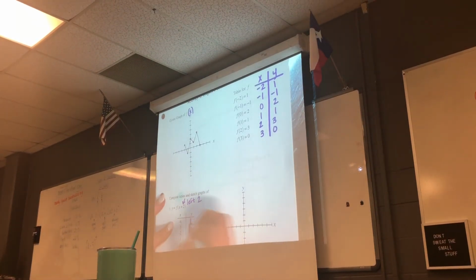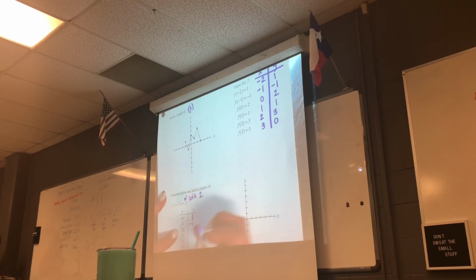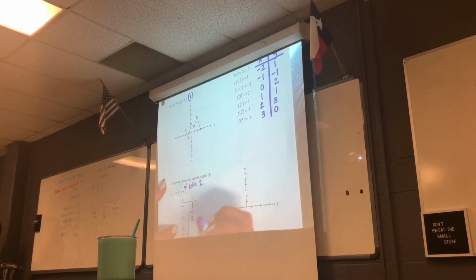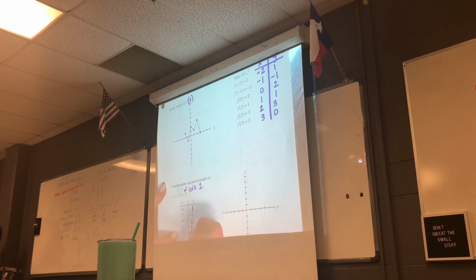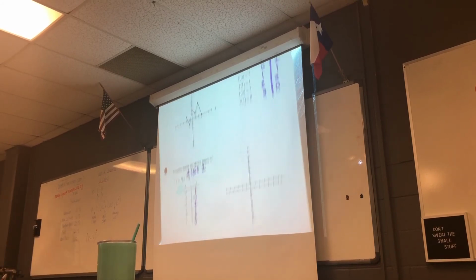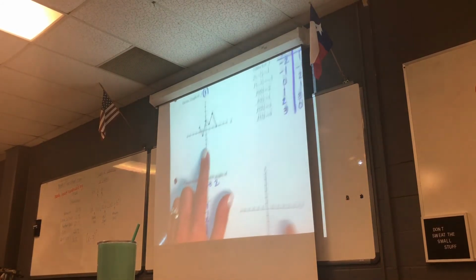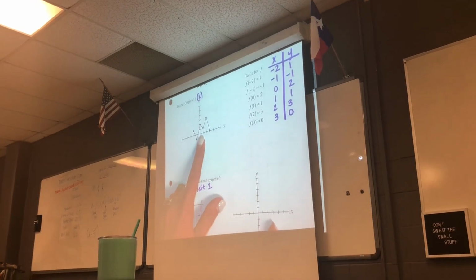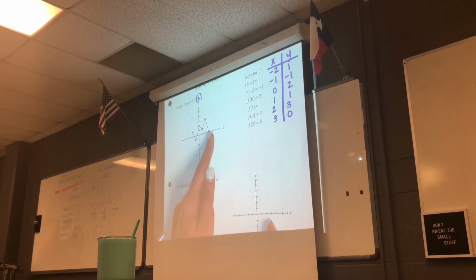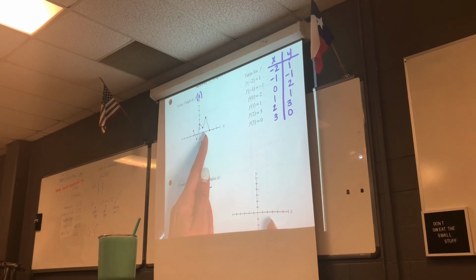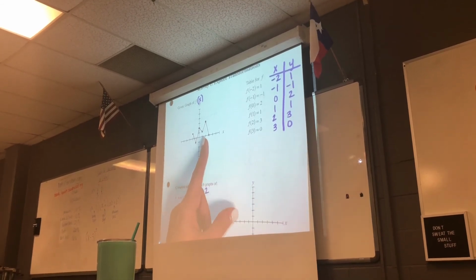So it would be 1, -1, 2, 1, 3, and 0. Then you just draw the new graph. It should look exactly like this one. It's just every point is now shifted over to the left 2.